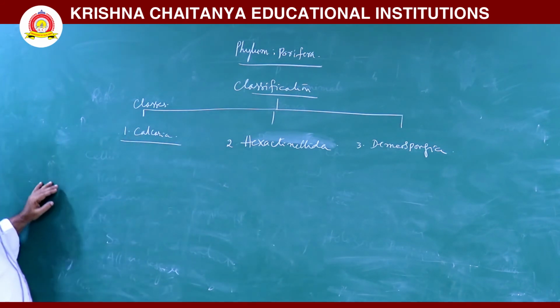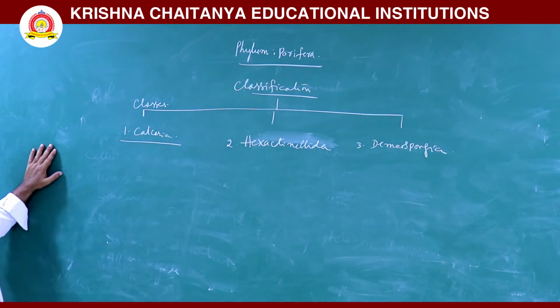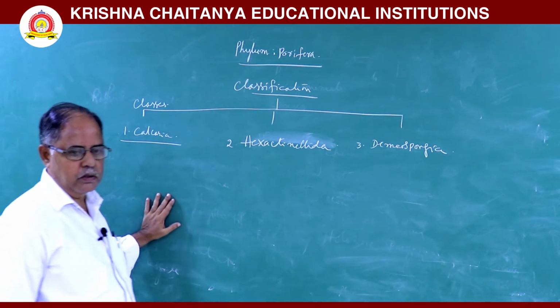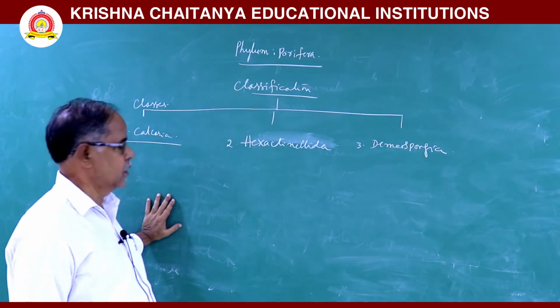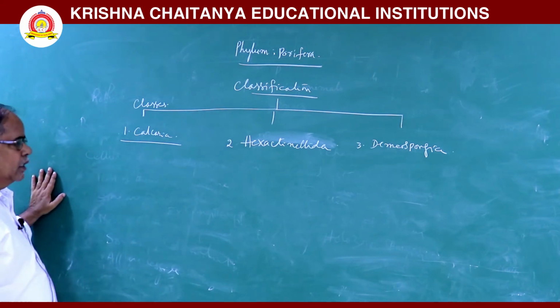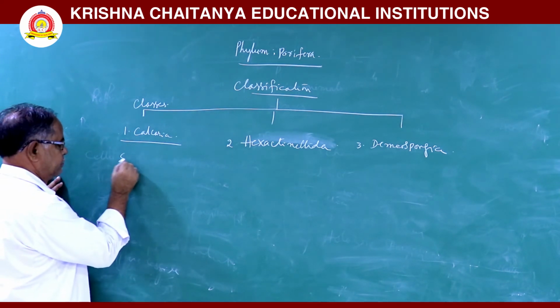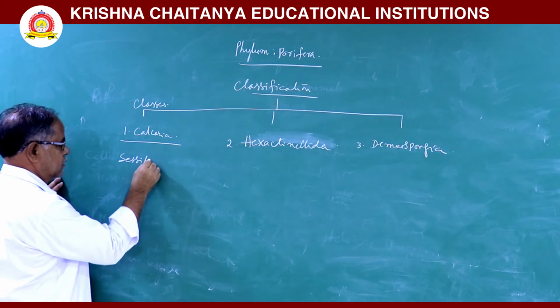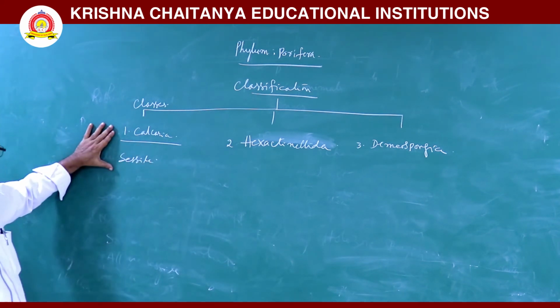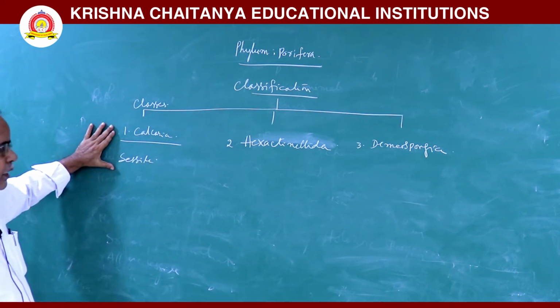First, the general characters of Calcarea. Calcarea animals live in shallow sea water. All are sessile.